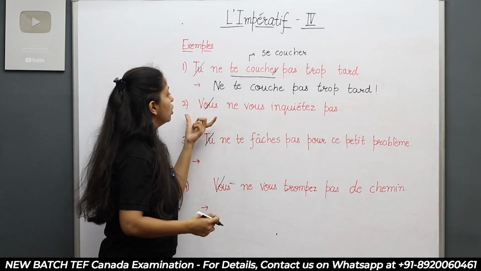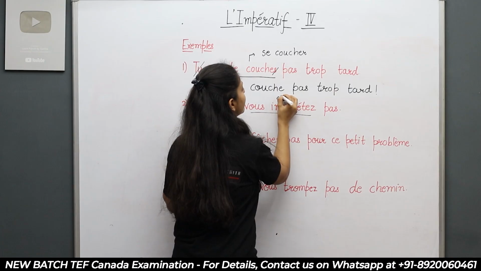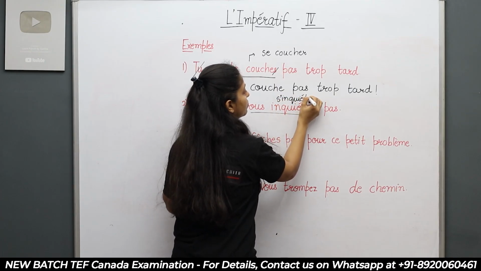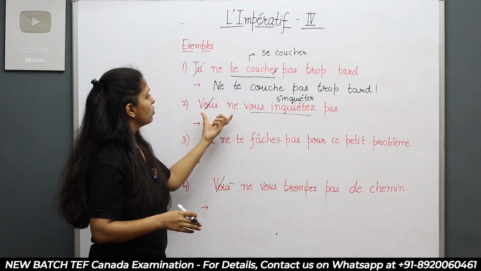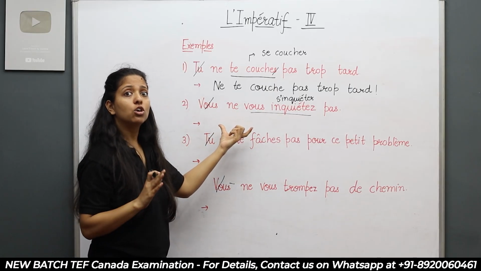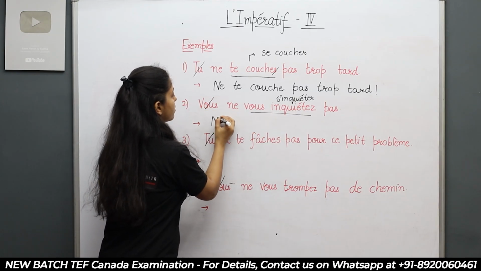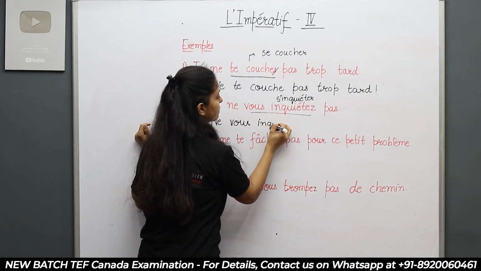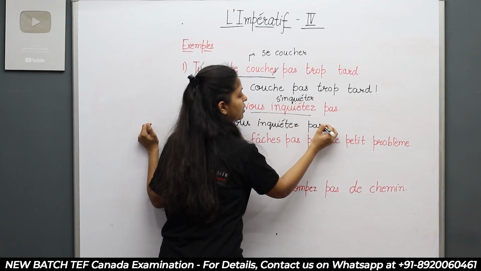Right? The next one. Vous ne vous inquiétez pas. The verb is s'inquiéter. To get worried. So you don't get worried. You don't worry. Right? So you want to make it an order saying don't worry. So you'll remove this vous and you'll say ne vous inquiétez pas. Don't worry, ne vous inquiétez pas.